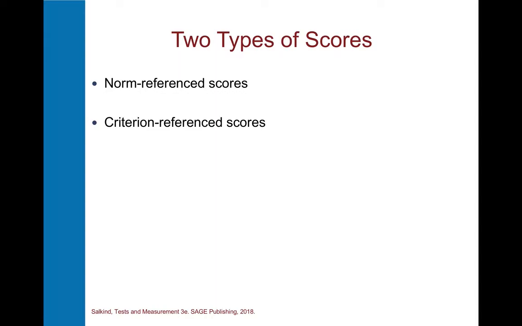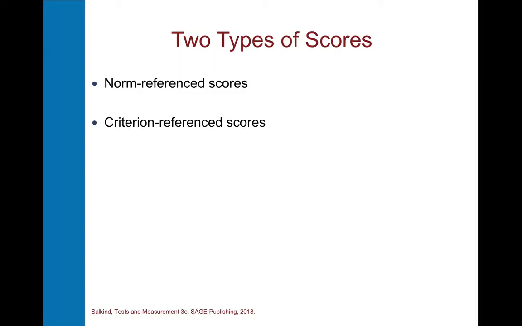Within norm reference scores, we'll discuss scores such as percentiles, deciles, stanines, and standard scores such as z-scores and t-scores. A norm reference score, for example, would be able to tell us that maybe Stu scored much better than the majority of the other 49 test takers in that example.